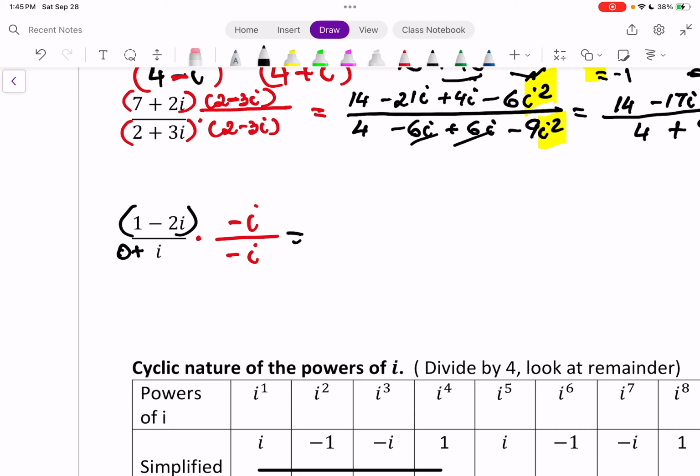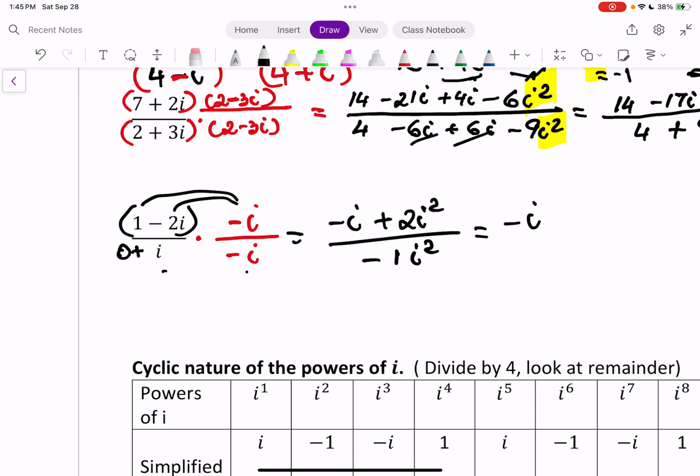So 1 times negative i is negative i. Negative 2i times negative i is a positive 2i squared. And at the bottom, 1i times negative 1i is negative 1i squared.